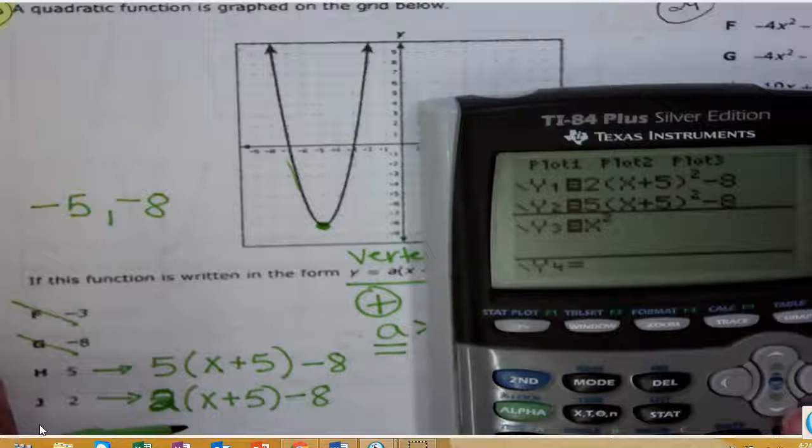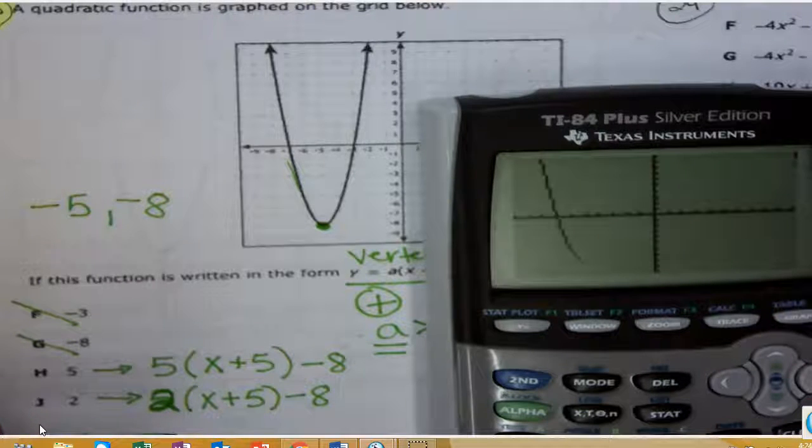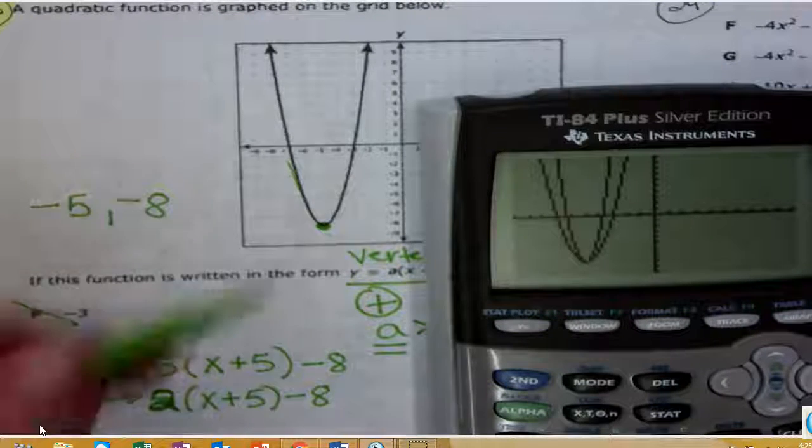And I'm going to clear that one and say, all right, let's graph both of those. That's the first one. That's the second one. Okay? But I'm not sure which is which.